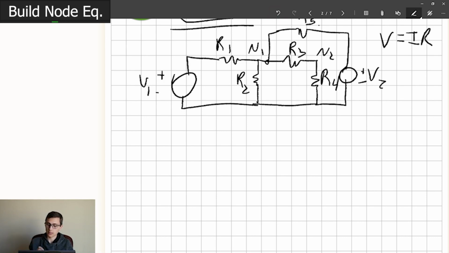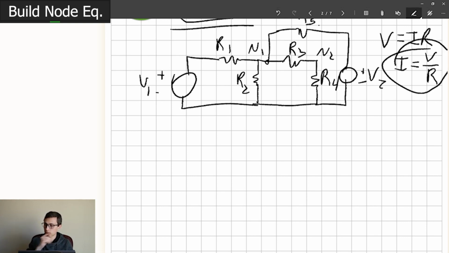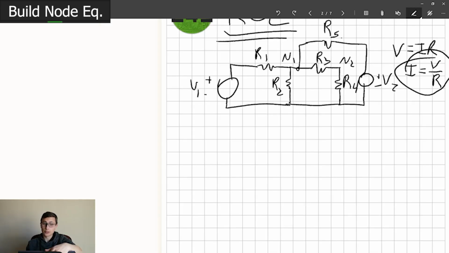So we are looking at the sum of currents. And you know that current is equal to V over R. If that's not familiar, definitely check out our last video on Ohm's law. Okay, so with that in mind, now we're going to start to build our equations.